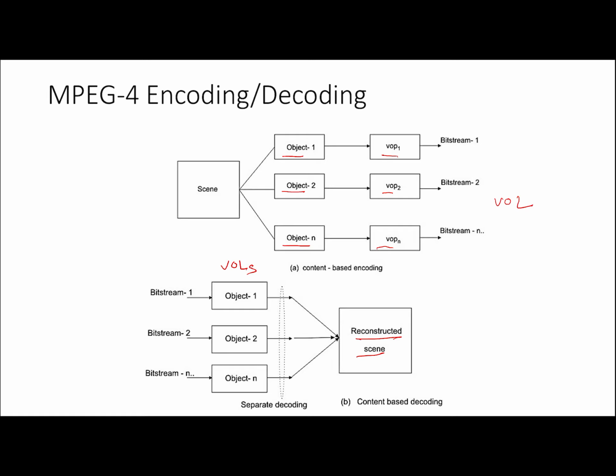It illustrates the scheme of content based encoding and decoding. The scene is first segmented into a number of VOPs, each of which specifies particular image sequence content and is encoded onto a separate VOL.